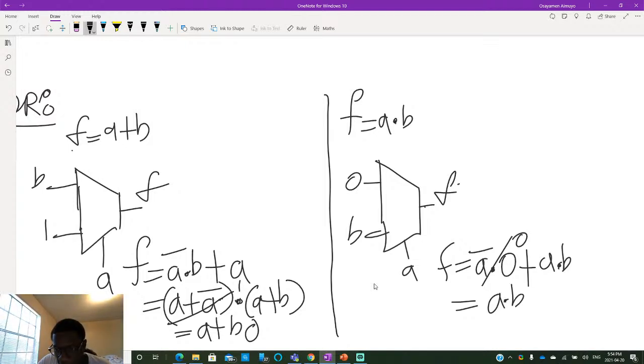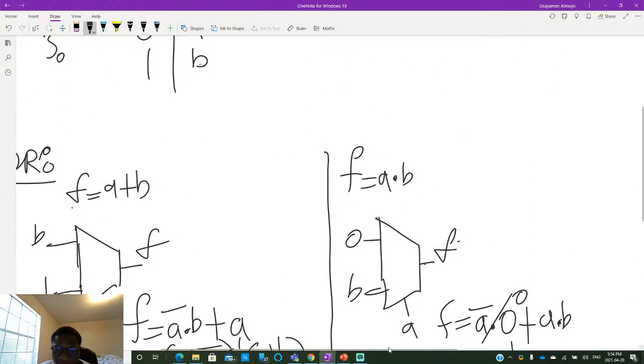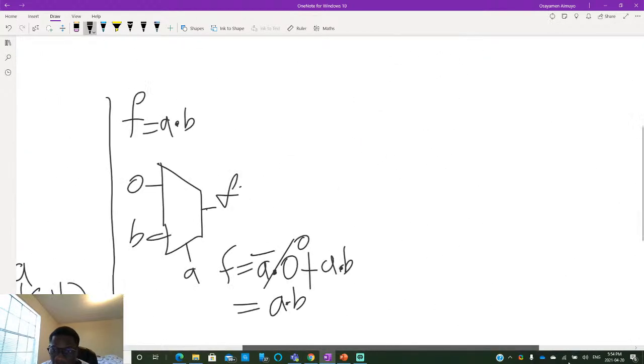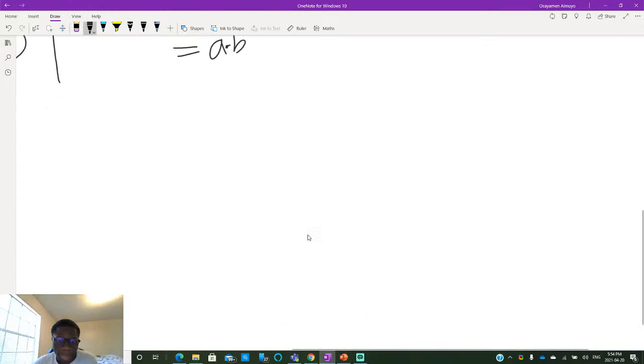So we have A and B. So basically, the mux can be used to replace each of the atomic gates: the AND, the NOT, and the OR gate as well.